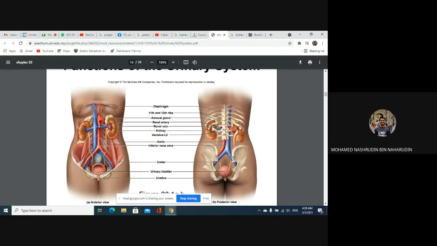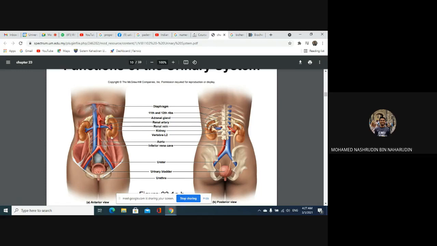It's slightly in front. It's located behind part of our torso, in front of these two ribs. There is an adrenal gland on top of the kidney.